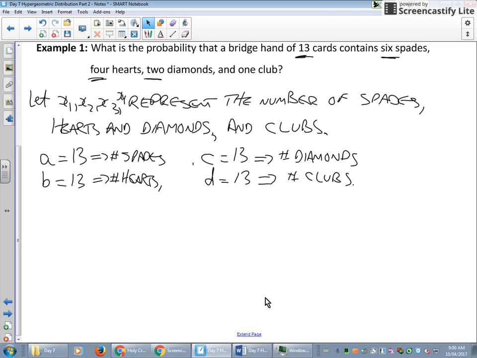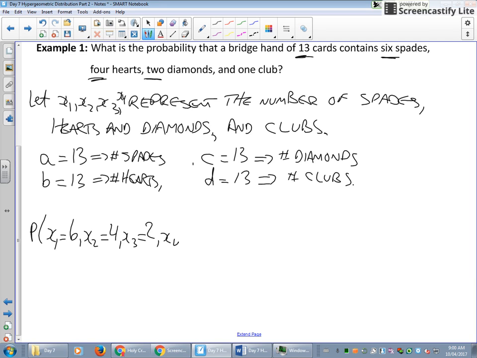Now we write this as the probability of x1 equal to 6 spades, x2 equal to 4 hearts, x3 equal to 2 diamonds, and x4 equal to 1 club.